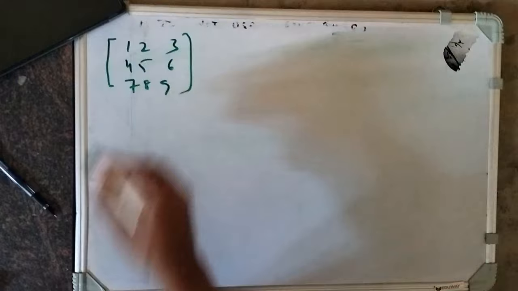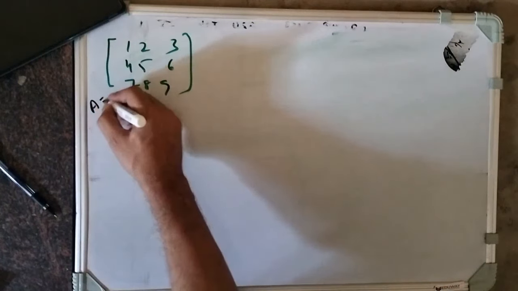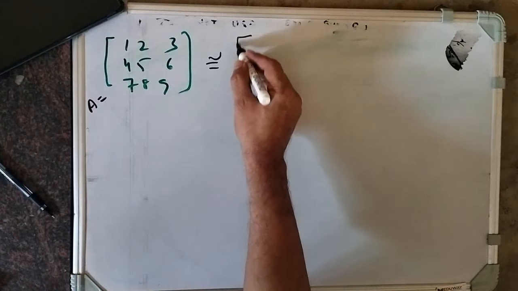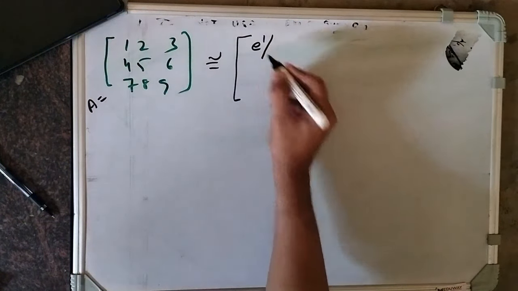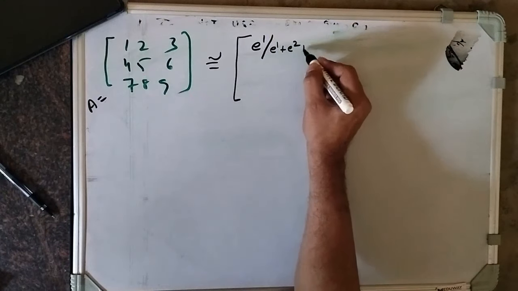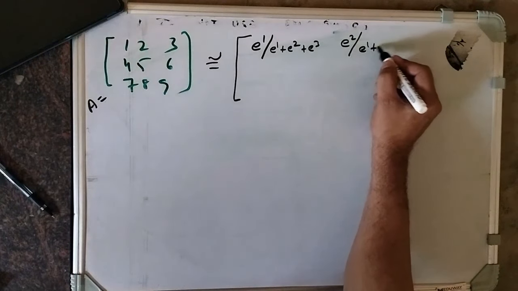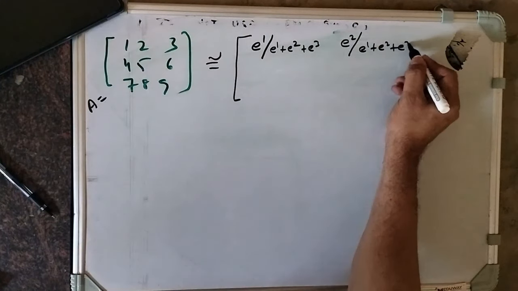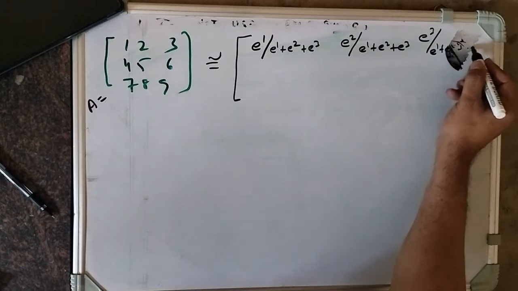Suppose this matrix is A, and your function is working like this: e to the power 1 upon e to the power 1 plus e to the power 2 plus e to the power 3, e to the power 2 upon e to the power 1 plus e to the power 2 plus e to the power 3, e to the power 3 upon e to the power 1 plus e to the power 2 plus e to the power 3.